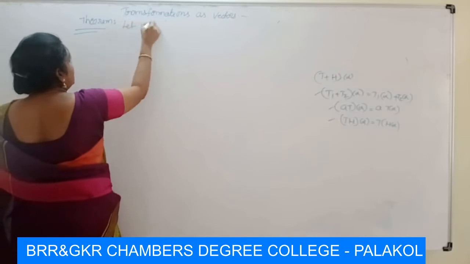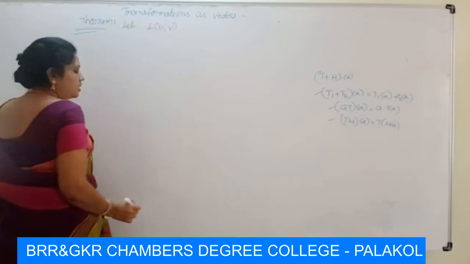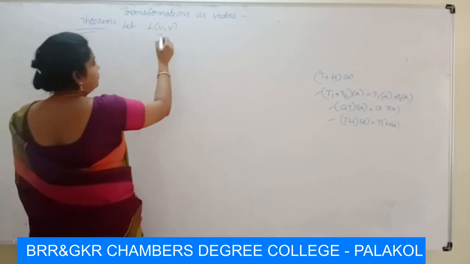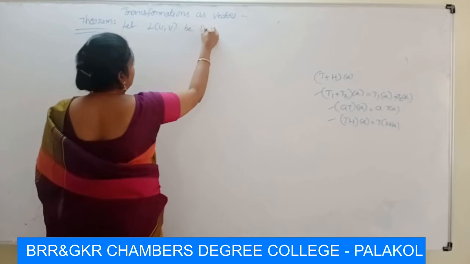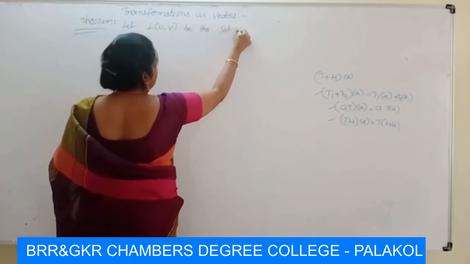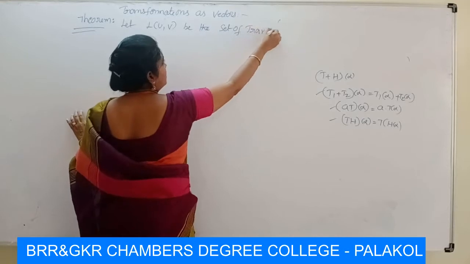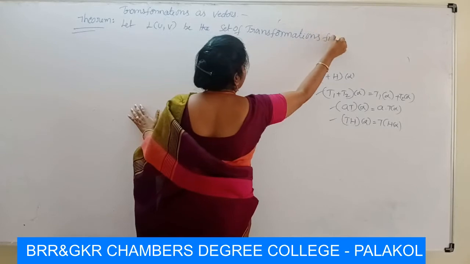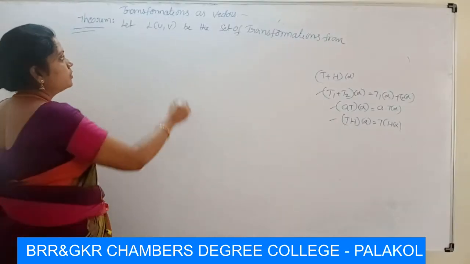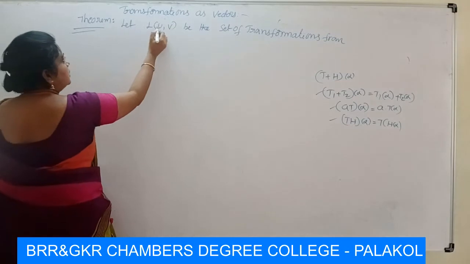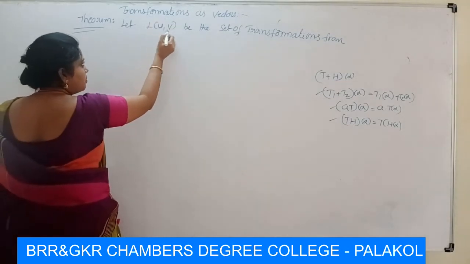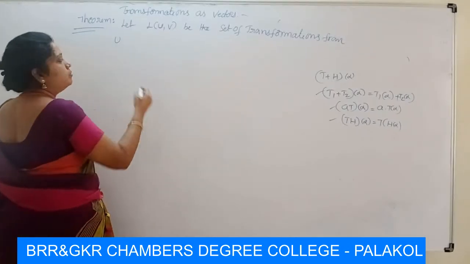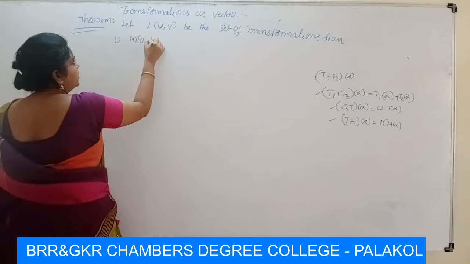Let L of U comma V, here we denote this set, be the set of transformations from U into V. Here, noted as U comma V, it means that these are all the transformations from U into V.